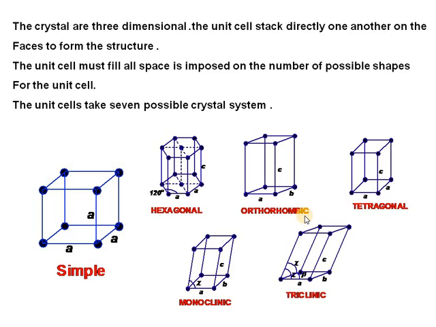These unit cells must have space filling properties, and such unit cells are stacked directly. But the unit cell must fill all space. A restriction is imposed on the number of possible shapes for the unit cell. Thus, the unit cell takes 7 possible shapes as cited in these figures, like simple cubic, hexagonal, orthorhombic, tetragonal, monoclinic, and triclinic structures.